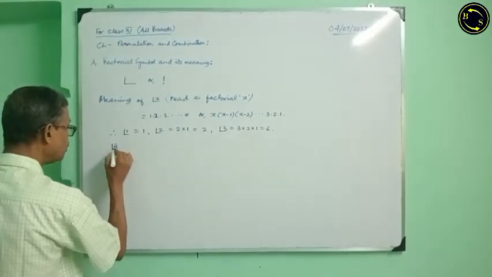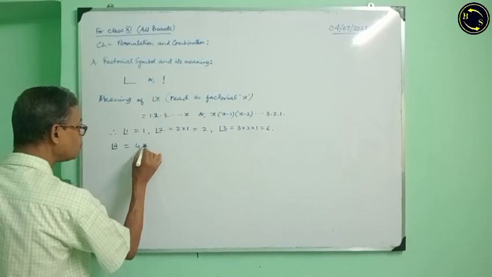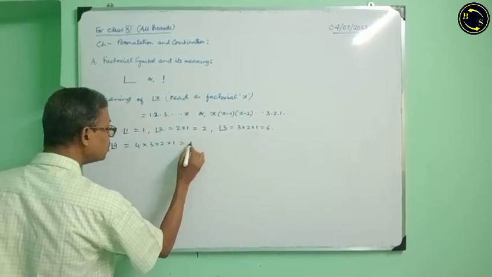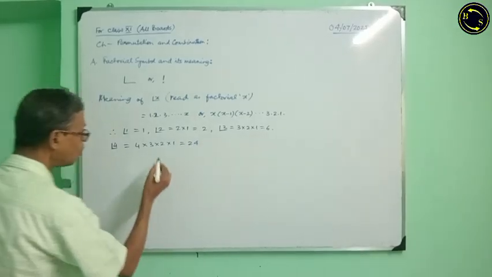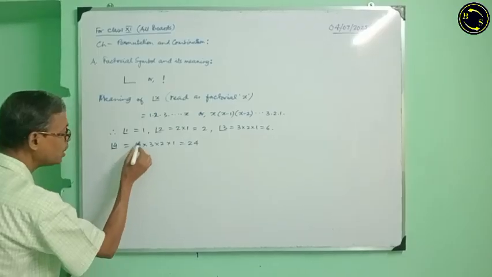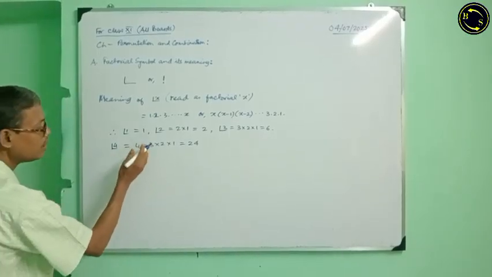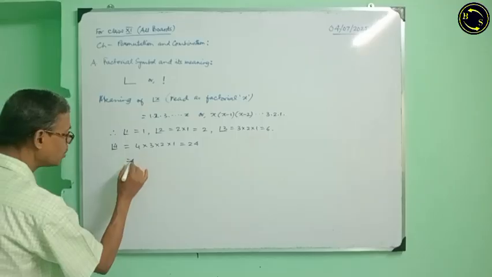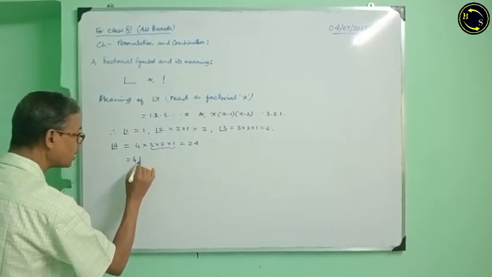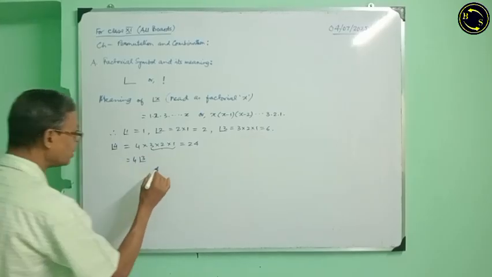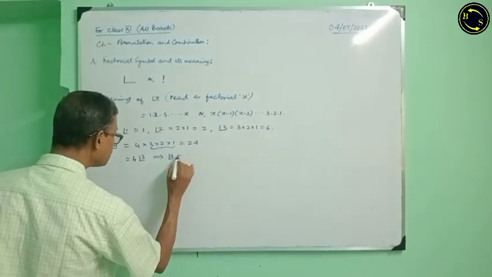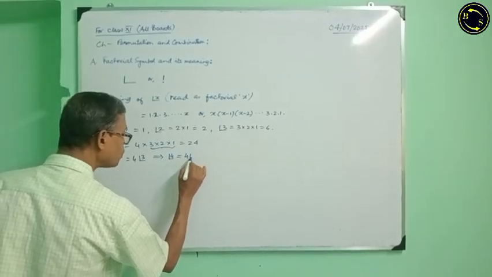Factorial 4 will be 4 into 3 into 2 into 1, which is 24. Also we note here, if we keep aside this 4, then the remaining product is factorial 3. That means we can write factorial 4 is equal to 4 into factorial 3.